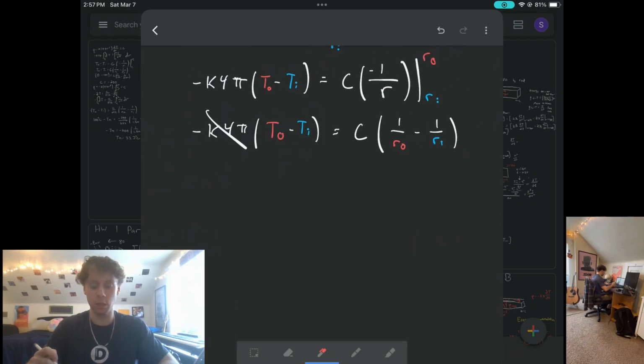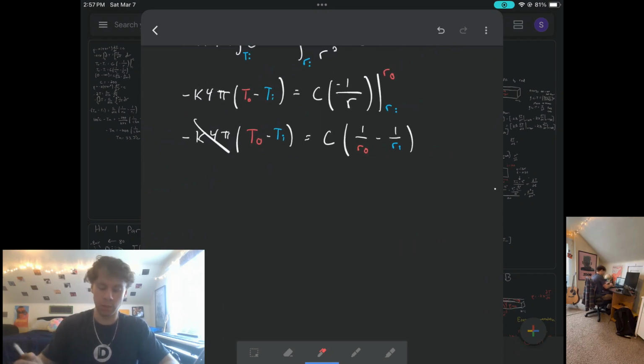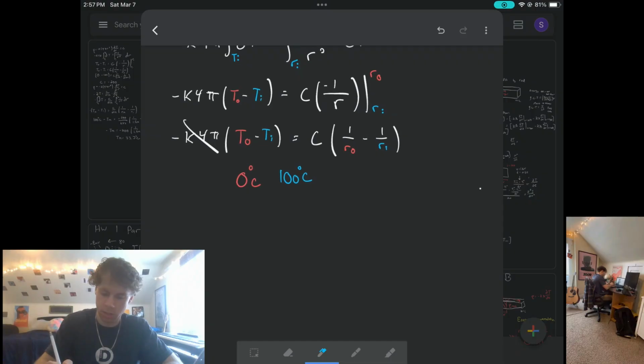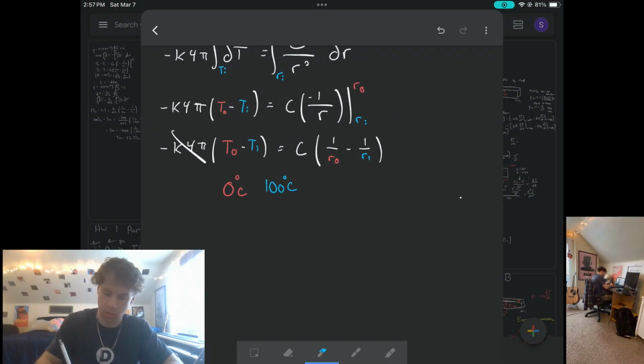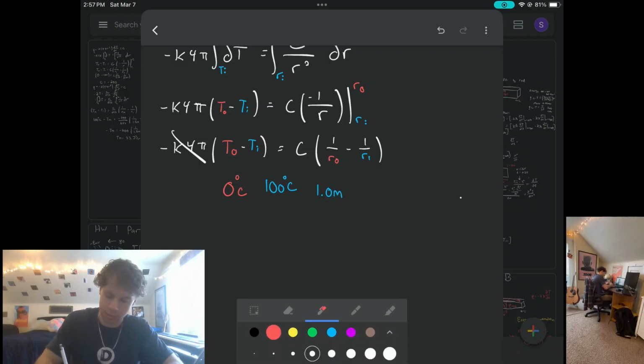So if we plug in all of our known variables, the temperature of the outside surface is 0 degrees Celsius, the temperature of the inside surface is 100 degrees Celsius, our inside radius is 1 meter, and our outside radius is 2 meters.